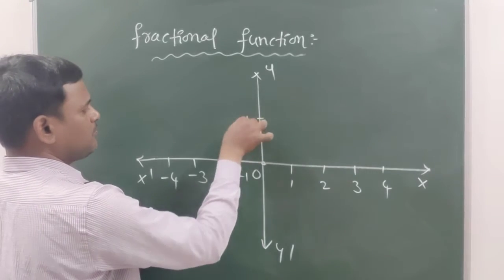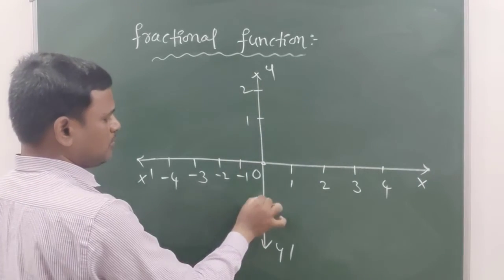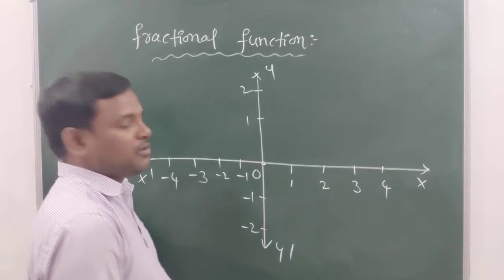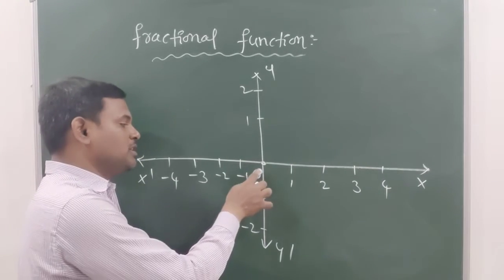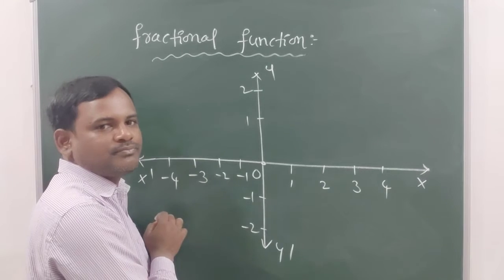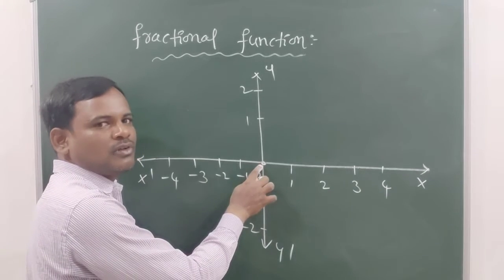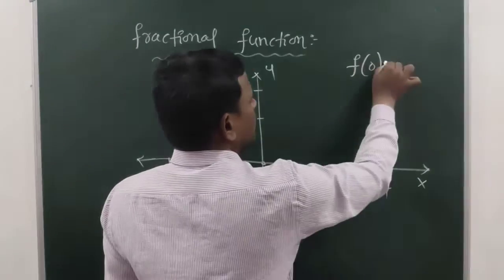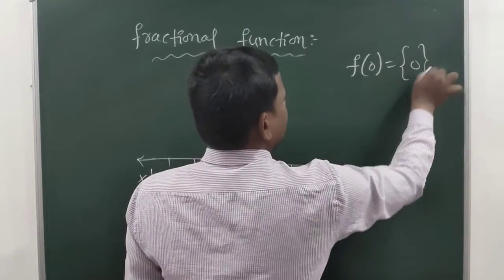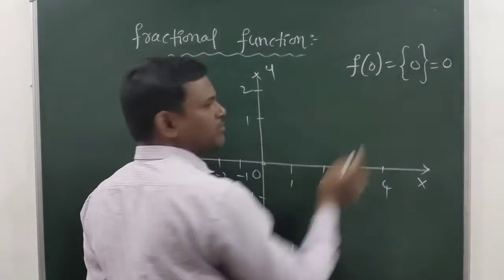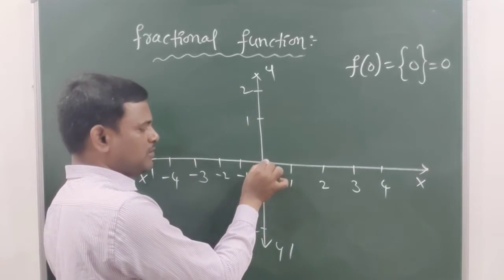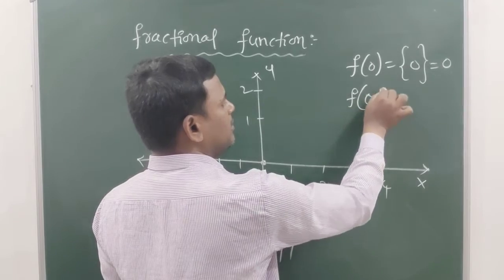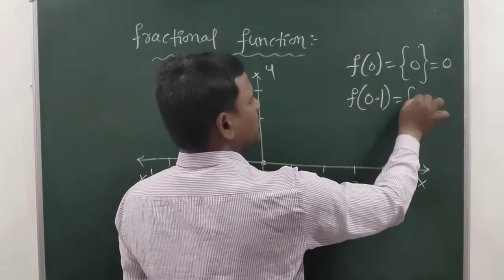Here it is 1, 2 and so on. -1, -2. So take any real number, either it may be 0 or positive or negative. If we take 0, the fractional value of 0 is 0 only. So where do we get 0, 0? This point. Suppose if we take f of 0.1, what about its range?